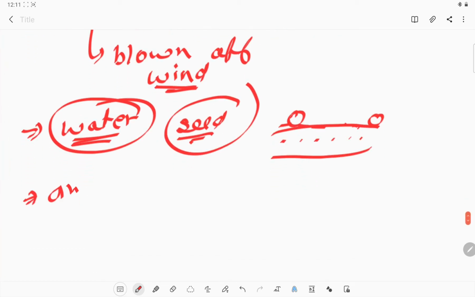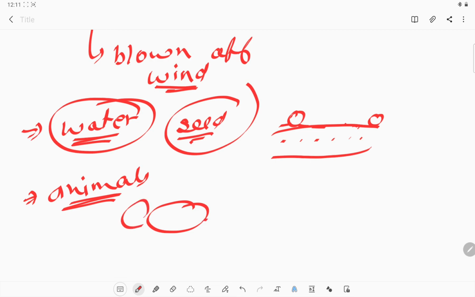Another is that the animal is also an agent for dispersal from one place to another. Normally, an animal is traveling from the forest portion, and the seeds of the plant have some kind of spiny seeds.